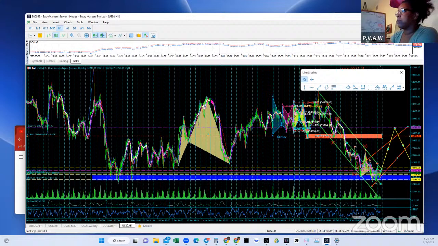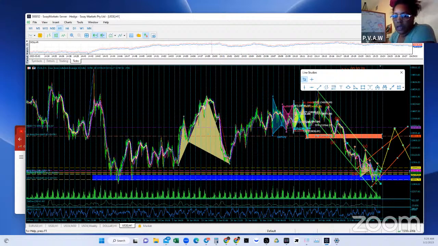That was the beginning of the first part right here. This was the beginning of the first part of this inverse cup, because it usually has a little handle on the side, and then it goes down, and then it comes back up and creates a new handle, right? So that was the start of it right here.